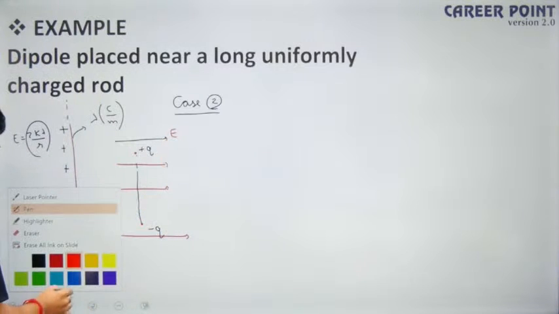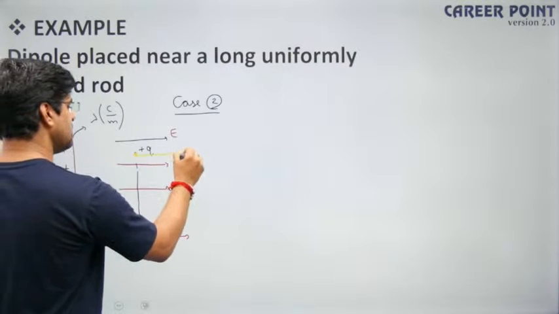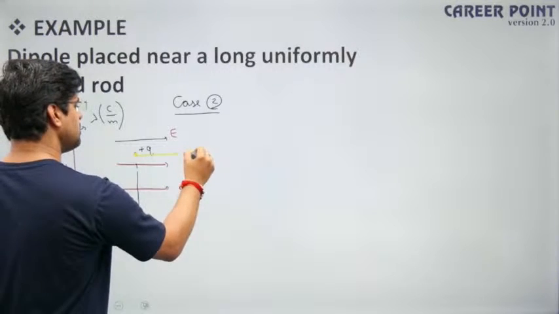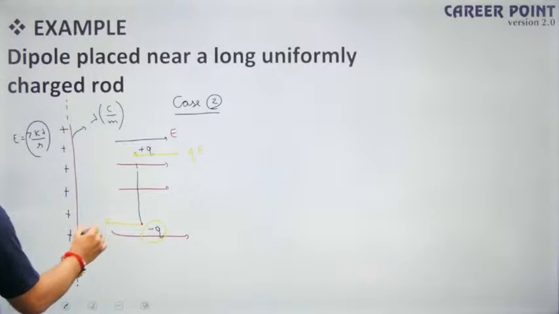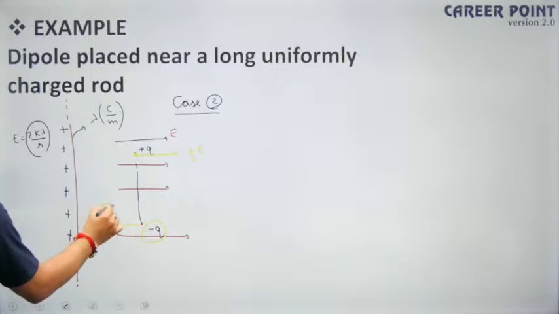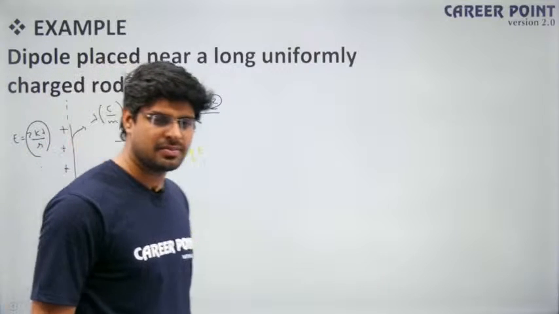The electric field due to this long infinite charged rod will be in this direction, that is going to be E. So in this case we can say that the force on charge Q will be in this direction, that is plus Q into E, and the force on charge minus Q will be in this direction, minus Q into E. Understood or not? Is that clear?